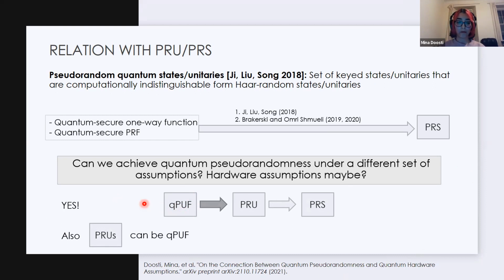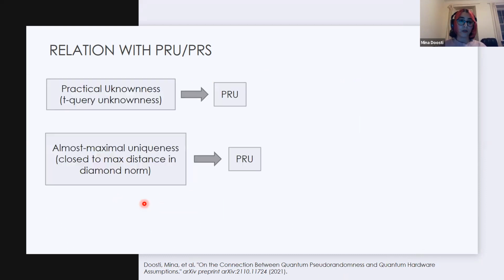So this goes both ways. To be a bit more specific, the notion of unknownness in quantum PUFs can be generalized to T-query unknownness, and this implies pseudorandom unitaries, which we have shown. But this is not very surprising because they talk about the same thing.